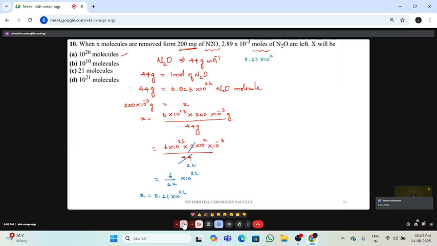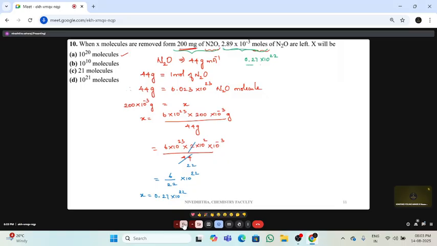Now calculate the remaining or the resultant number of molecules present in 2.89 into 10 power minus 3 mole of nitrous oxide. See, this is the initial quantity. This is the final quantity. We have to subtract the initial and final to find the value of x, right?